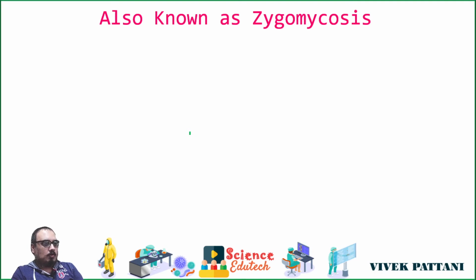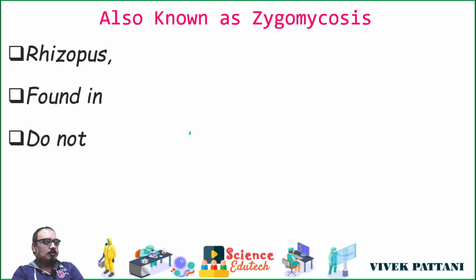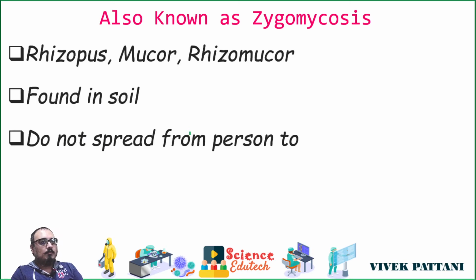the order Mucorales. Mucormycosis is also known as zygomycosis. Some common examples of the fungi responsible for mucormycosis are Rhizopus, Mucor, and Rhizomucor species.